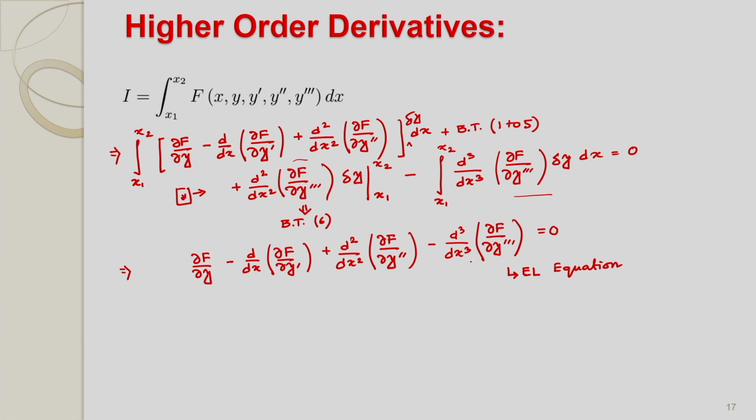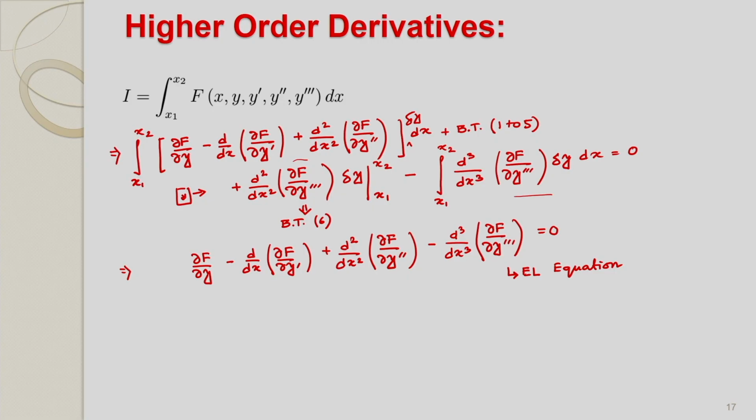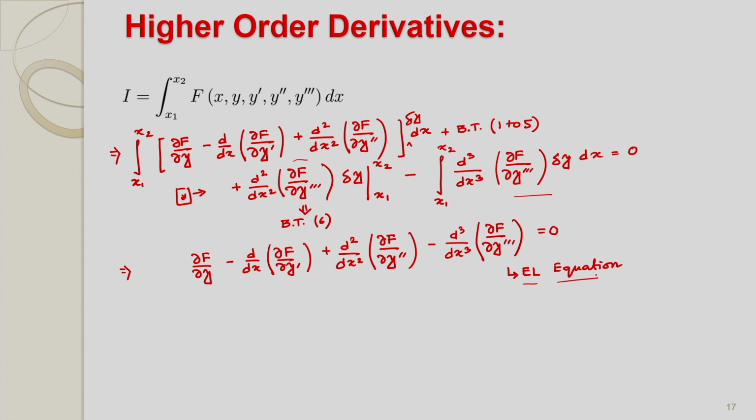So, the next will be plus d4 dx4 del f del y 4 prime. So, in this way the sign alternately changes. You can remember it in that way. So, this is the governing differential equation for minimizing a functional having higher order derivatives. This is the Euler-Lagrange equation. This is about the differential equation.